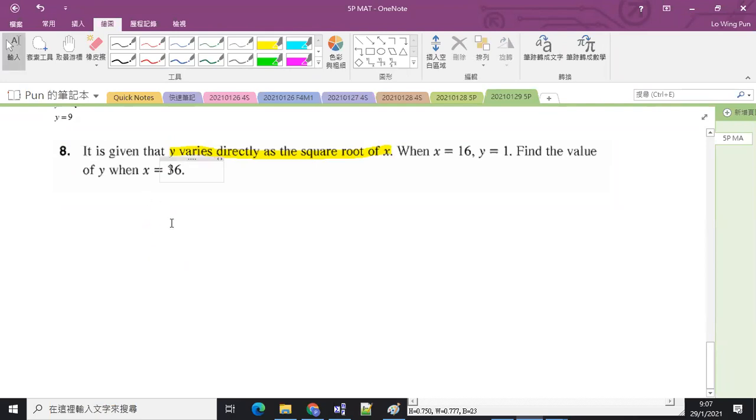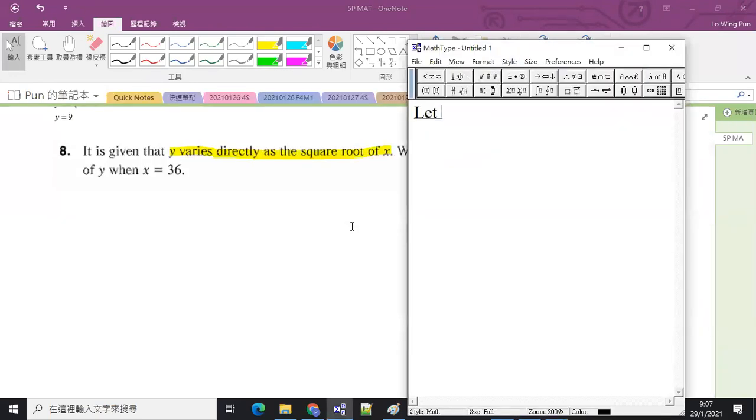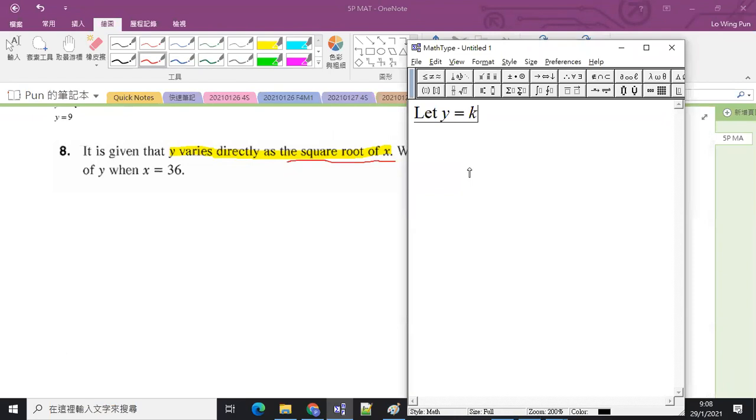So you may do this immediately. Let y equals k times what? This time it is square root of x. What is meant by the square root of x? It means that it is the square root of x. Where k is not equal to 0.